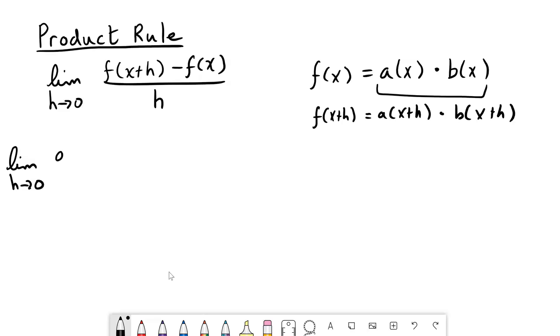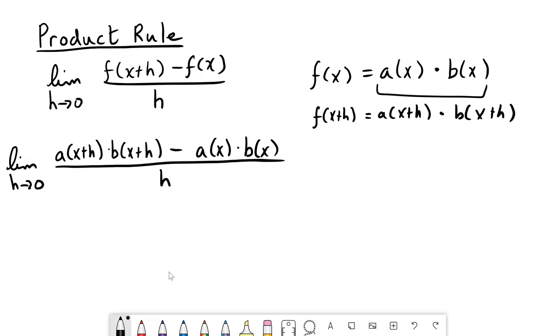It is now the limit of a of x plus h times b of x plus h, minus a of x times b of x, over h. I'm just going to put the multiplication symbol like that. Not a difficult step. But the problem here is, how on earth do we continue? Because we can't do anything.